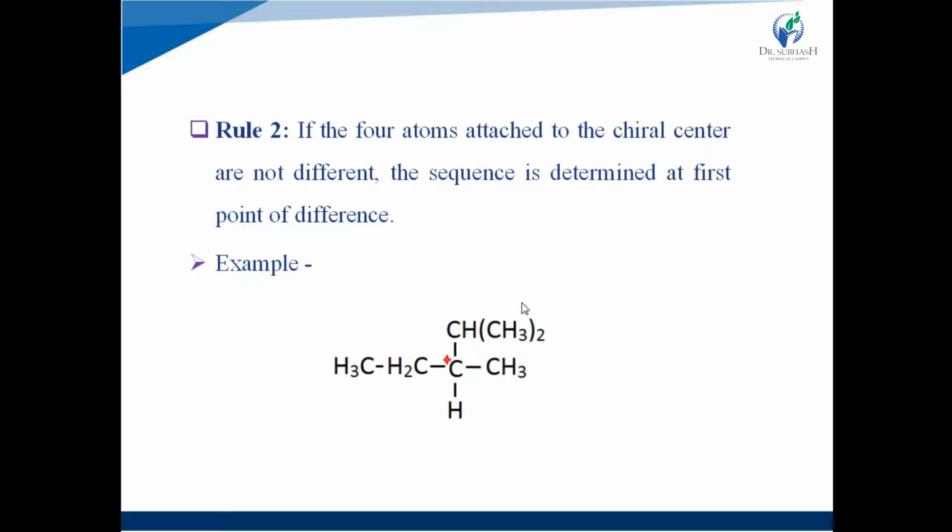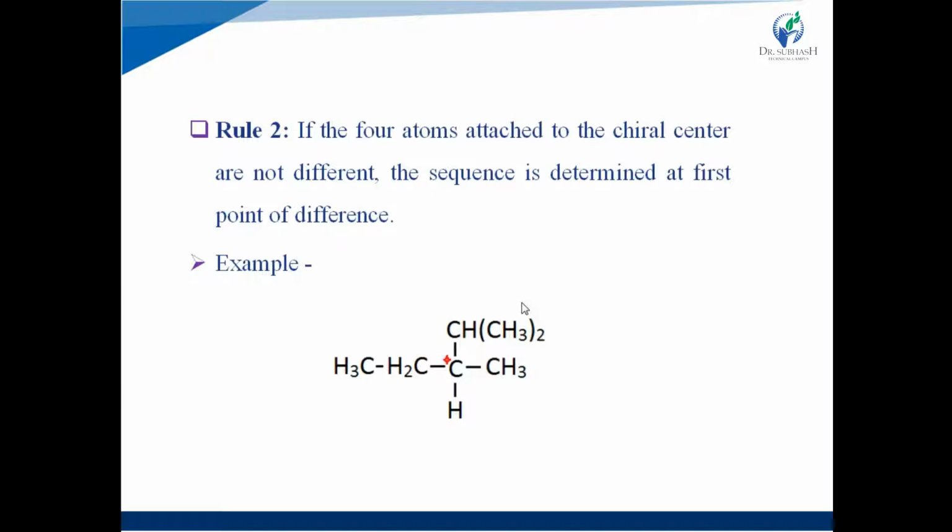So see an example. In this example, the chiral carbon is attached to one hydrogen atom, one methyl group, one ethyl group, and one isopropyl group, right? So first observe the directly attached atoms to the chiral center. One is a hydrogen and 3 are carbon, right?